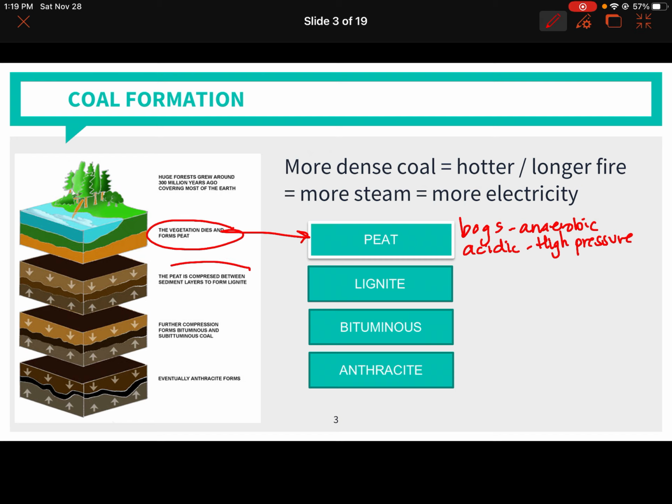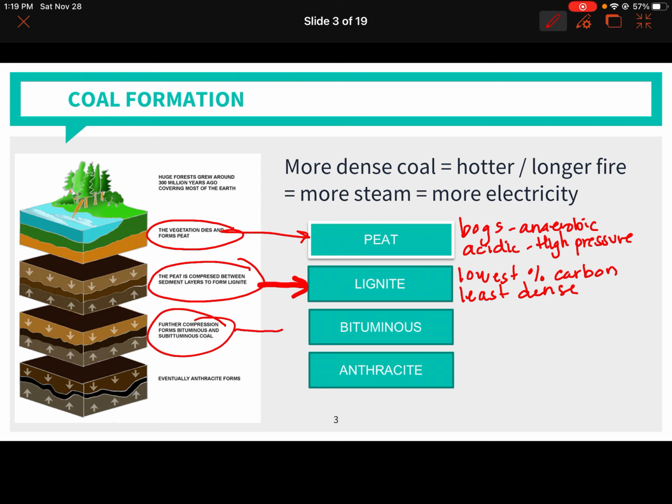If you look here, as the peat is compressed between layers of sediment, it begins to form what's called lignite. This has the lowest percent carbon, and it's also the least dense. Moving on, it gets further compressed and forms what's called bituminous coal.